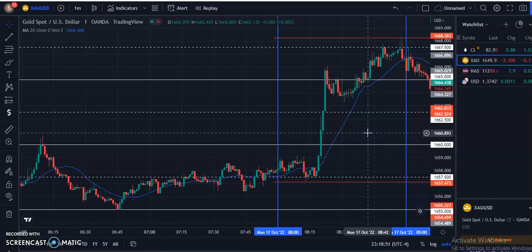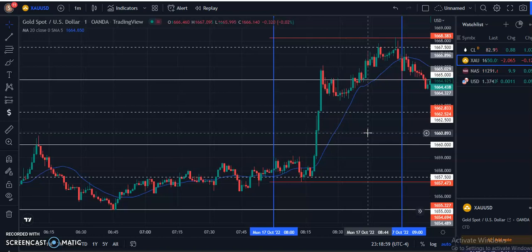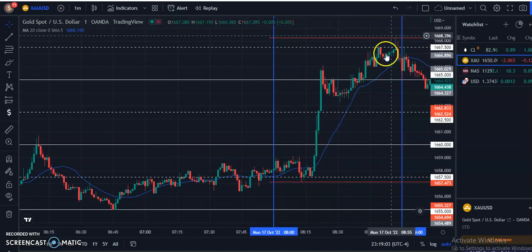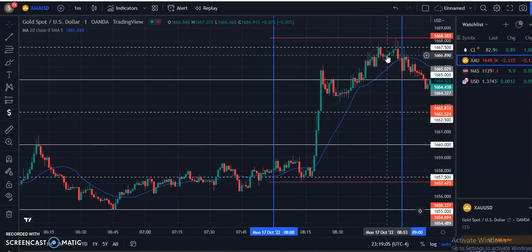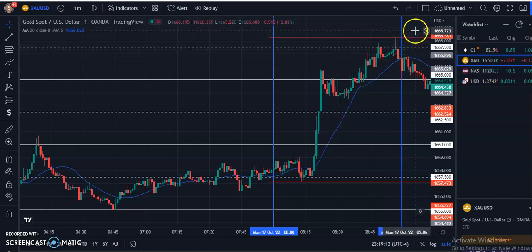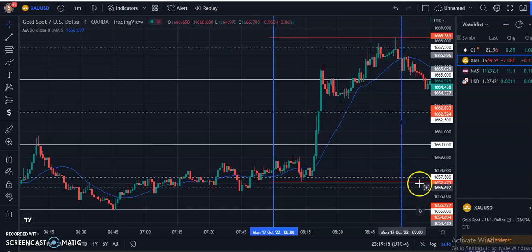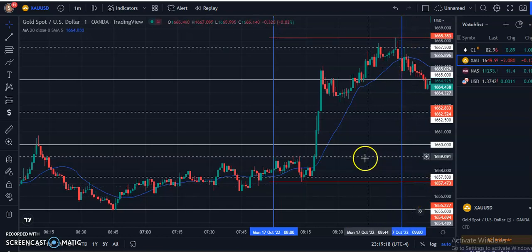So I was looking for, what is it called, a confirmation. Now, when you look at this setup, for the pump and dump setup to be valid for me, we must come back to the high of the session, or we go to the low of the session, where we can now look for a setup.